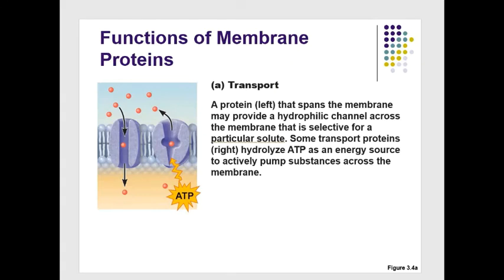Okay, what are some of the functions of all of these proteins? So we talked about we've got all these different types of proteins in and around and on the plasma membrane. So why are they there? One reason is transportation. We need to be able to get things in and out of our cells. We have different membrane proteins that can move goodies in and out. Some require energy in the form of ATP.